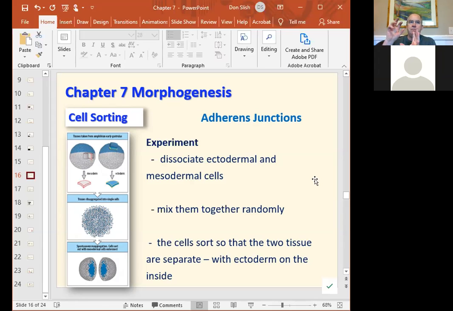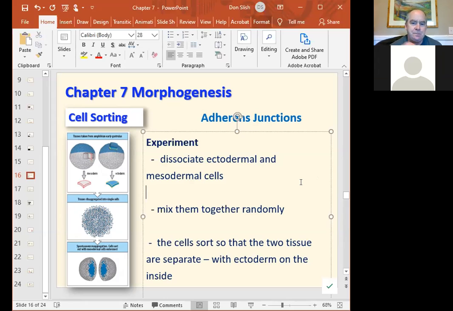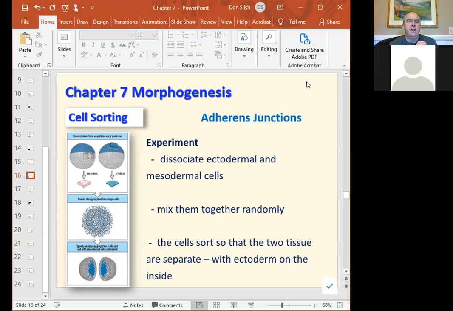So all the NANOG cells are together, and the GATA6 cells are together. I wouldn't be surprised if it had something to do with something like this going on, where you've got expression of cadherins that cause the cells to resort. So as a general mechanism, you've got cadherins that only attach to other cadherins, and so the cells sort themselves.